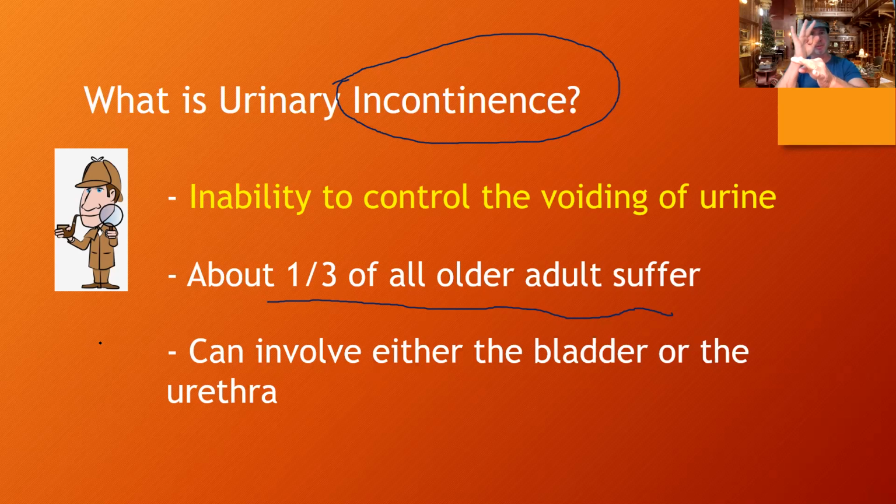Then the internal sphincter reflexively opens, and this allows the urine to go down to the external sphincter. That's when you go, oh, I gotta pee. You don't have any control over the internal sphincter. It does that automatically. But the external sphincter, you do.